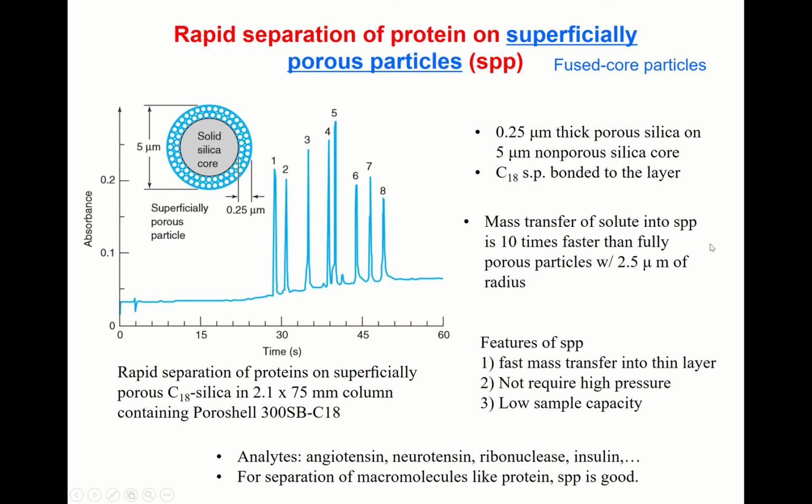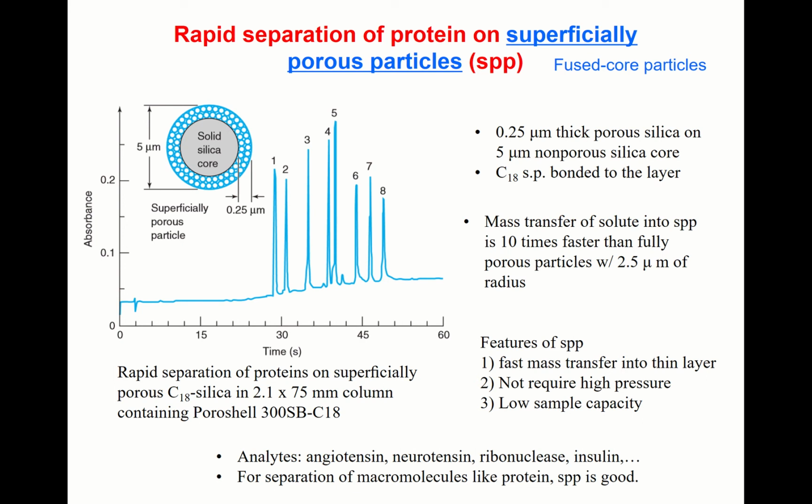This topic is rapid separation of protein on superficially porous particles, so-called SPP. So far, we only considered columns packed with fine silica particles, where the surface may be bonded to other groups to impart special properties.